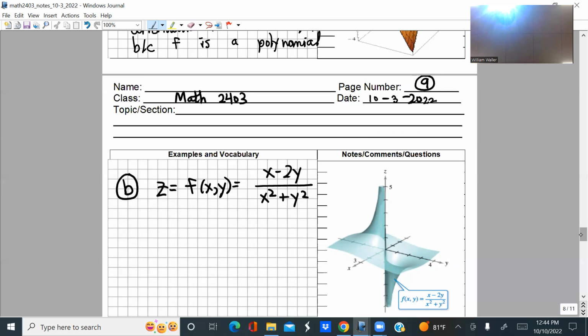So not continuous at 0, 0, which is the origin right here. So if you make a graph, you can see the function on the left and the right. So not continuous at 0, but everywhere else.